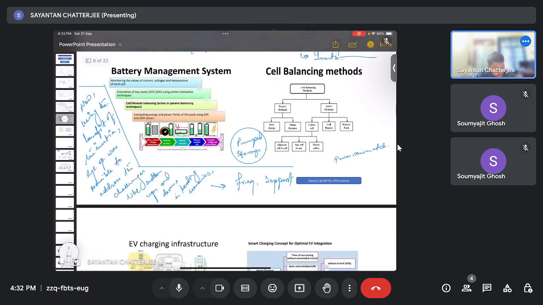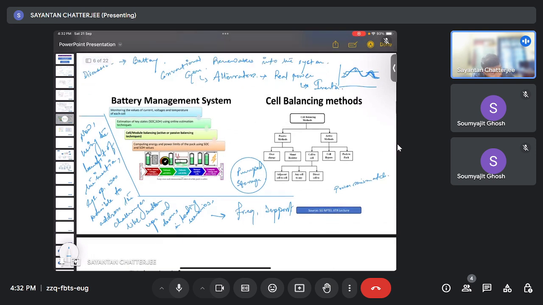So what we can see is that in the battery management system, the major aim is to monitor the values of current, voltages, and temperature of each cell. Also, estimation of key features like SOC, state of charge, SOH, and DOD, depth of discharge, using online estimation techniques.